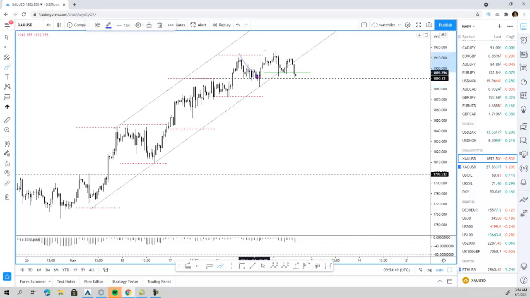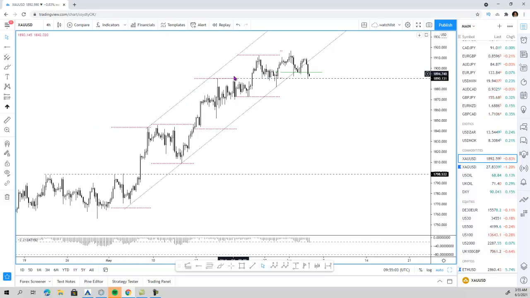If you remember, I was talking about why we didn't buy gold on the break of that bullish flag, and it was because it was late on a Friday. Now, the make it or break it level for me is that level, the 1890 level. Why?